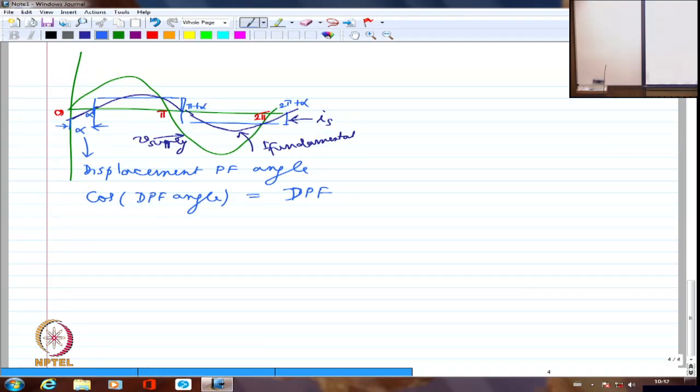And the second problem is that the currents are far from being perfect sinusoids. There is a large amount of harmonic content present in the current. Imagine my source is a sinusoidal source, but I am going to have some impedance and resistance in the transmission line.